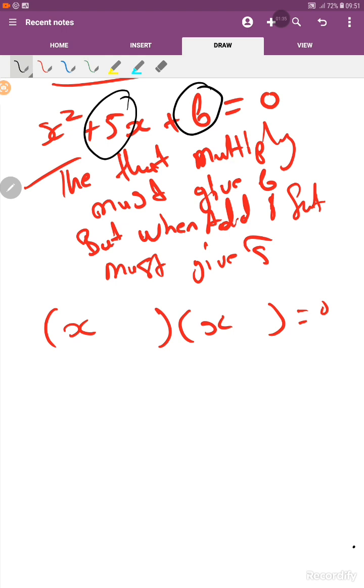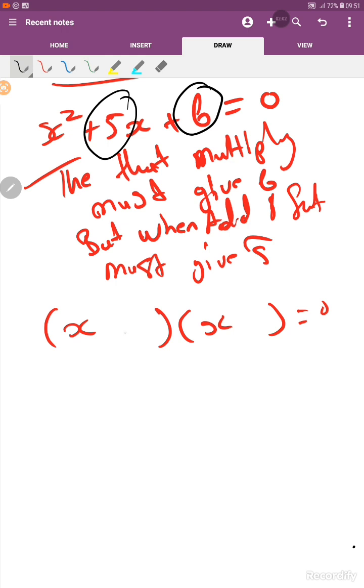So we need the number that when you multiply gives you 6, and when you add it has to give you 5. Other people can say that the common factor of 6 and the common factor of 5, the number that goes both into 5 and 6. So when you multiply it has to give you 6, but when you add it has to give you 5.